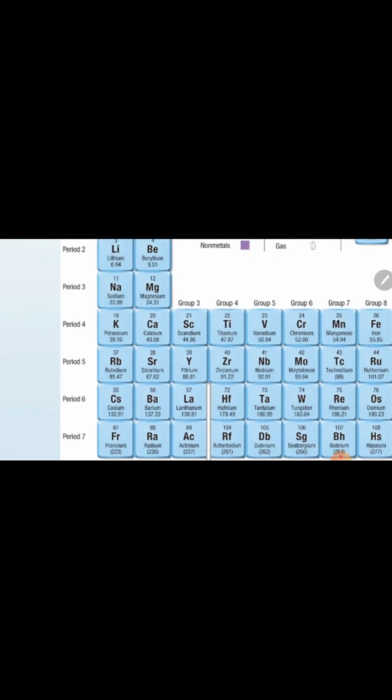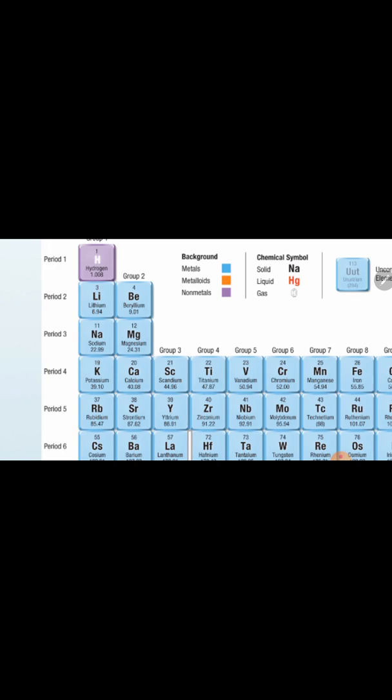Now the group, as you see here, group 1 starts from hydrogen, lithium, sodium, potassium, rubidium, and to the end, as you see. Then group 2, beryllium, magnesium, calcium, and to the end, like this.